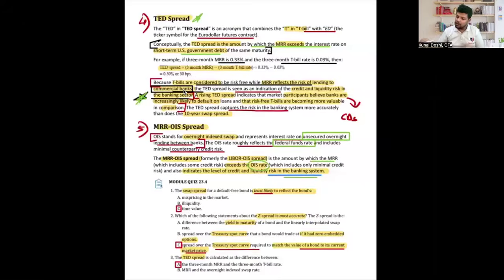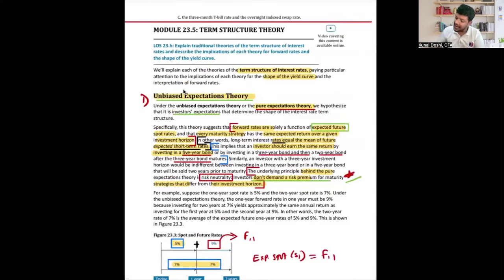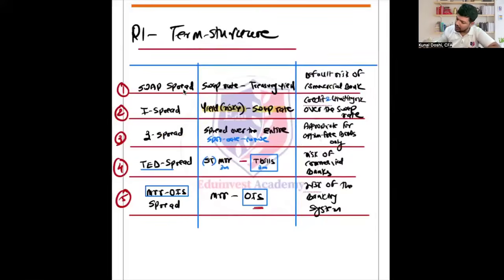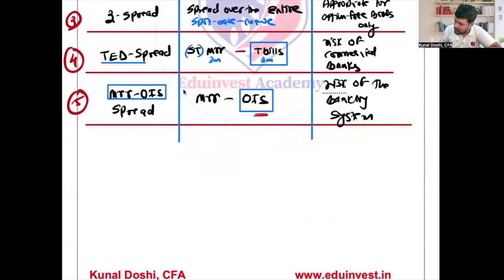Now, the last thing about the topic was the different types of term structure theory. You had the unbiased expectation theory. So I'll write down the term structure theories.